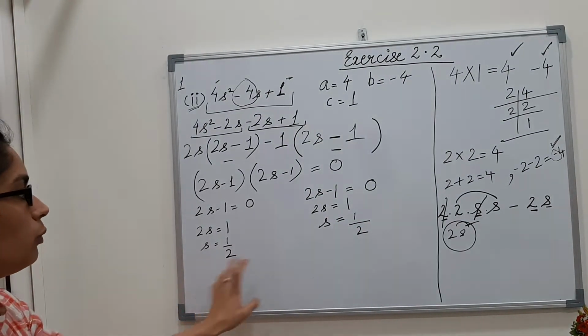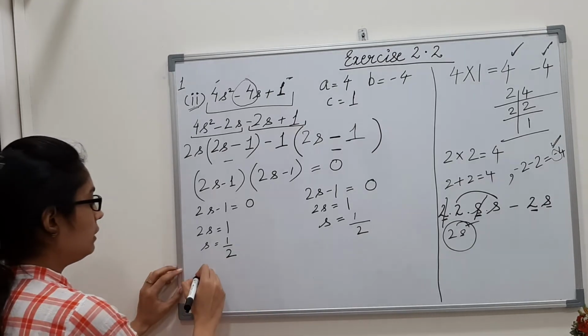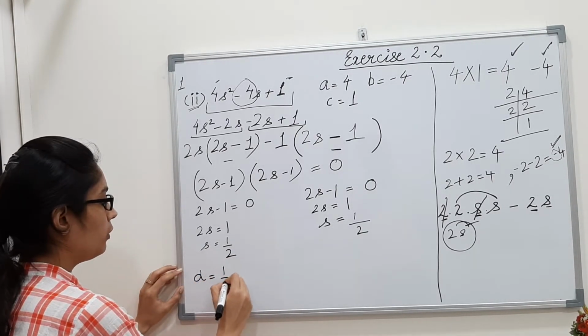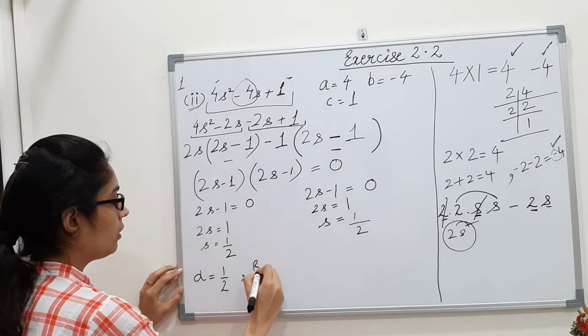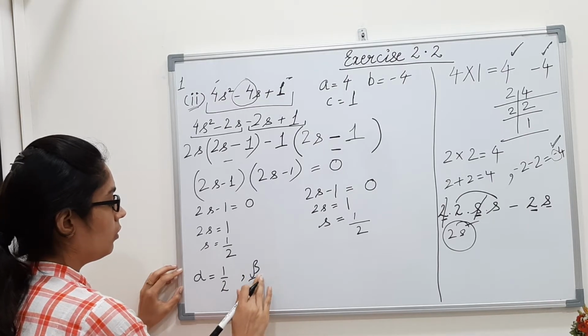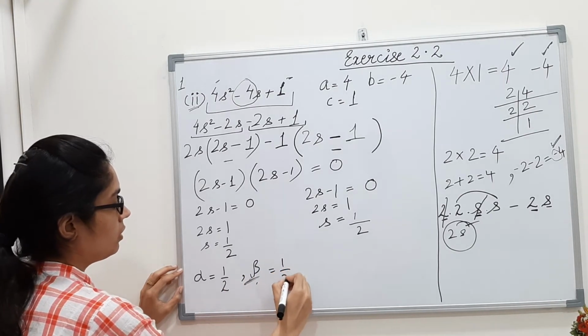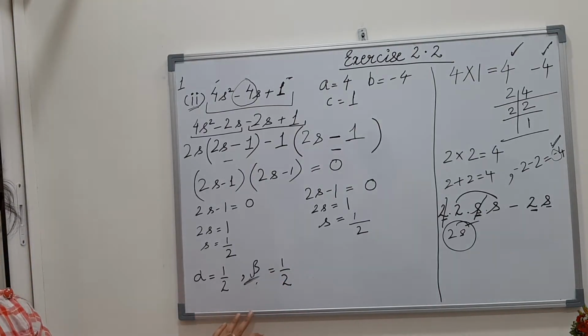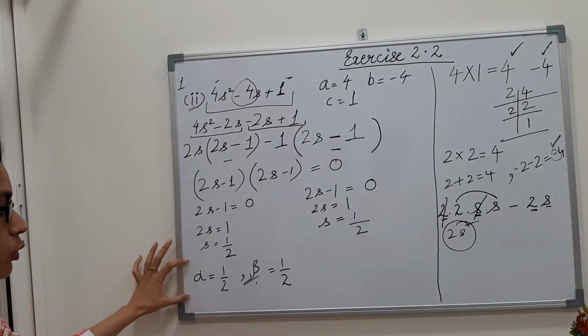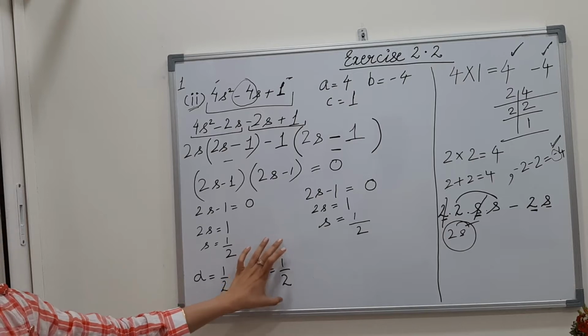So we found two zeros. Our alpha is 1 by 2 and beta is also 1 by 2.